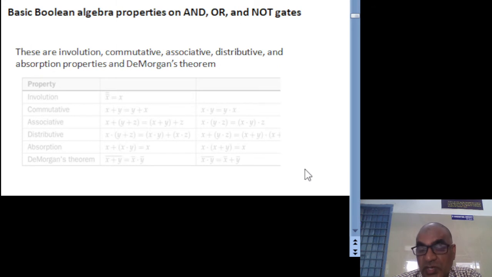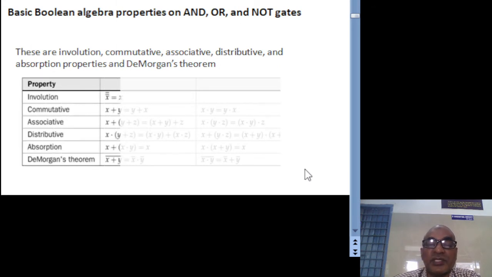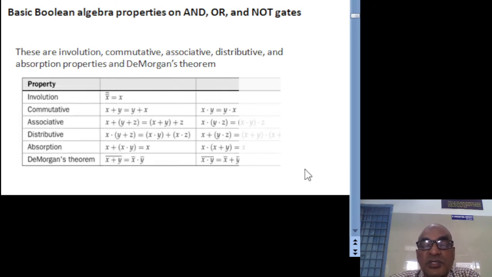What is meant by involution? If you apply a complement operation twice on a given variable, it gives the same value.